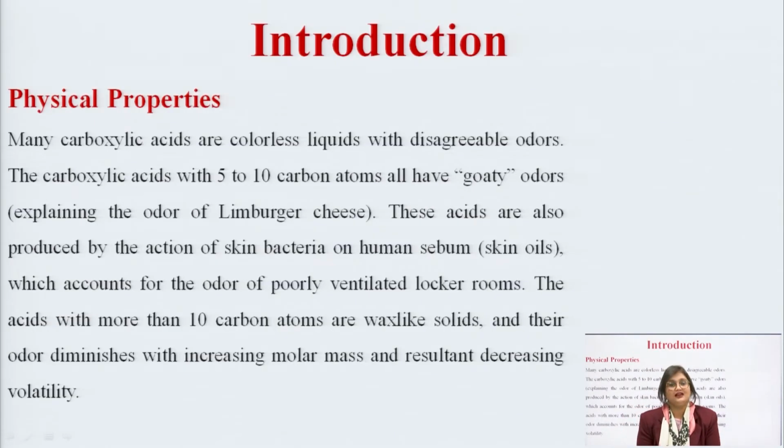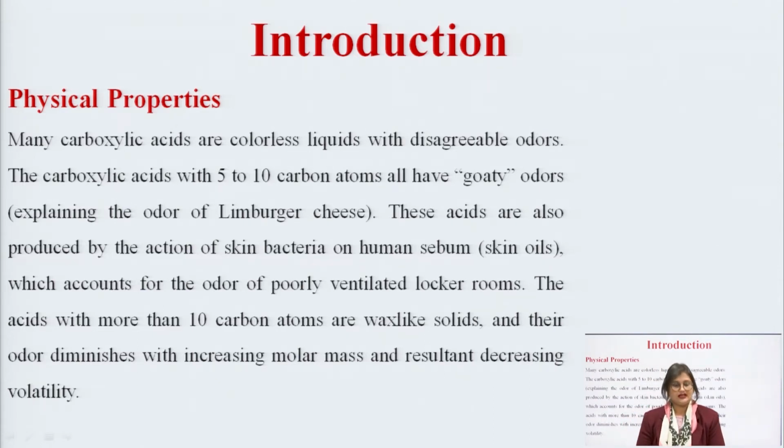Before that, let us first deal with our aliphatic carboxylic acids. In today's class, we will be learning the various physical properties of carboxylic acids. Many carboxylic acids are colorless liquids with a disagreeable odor.